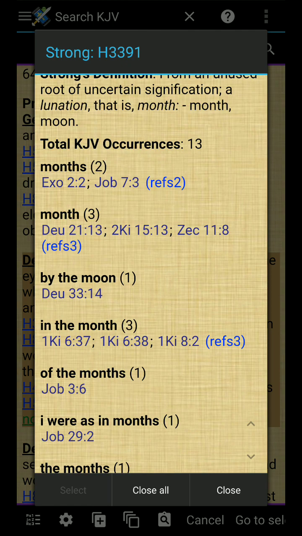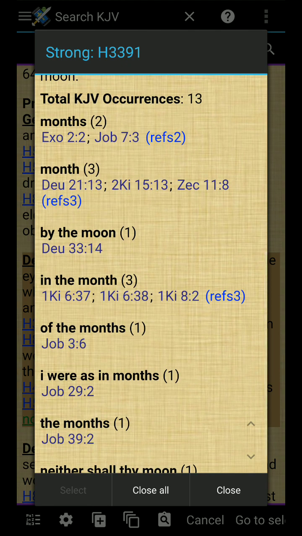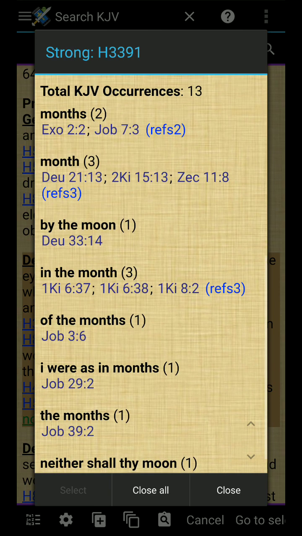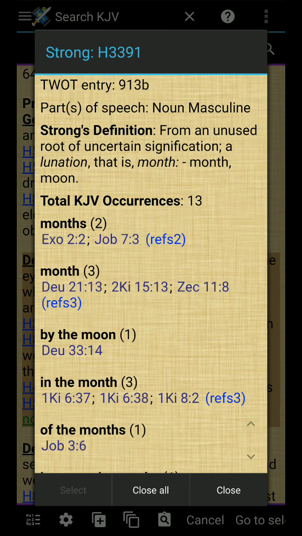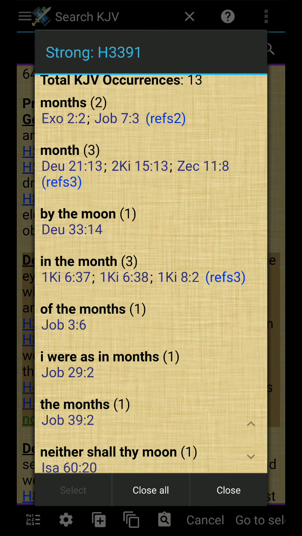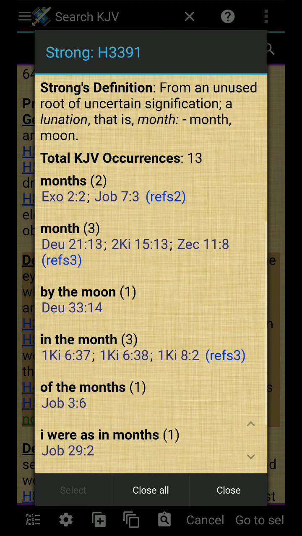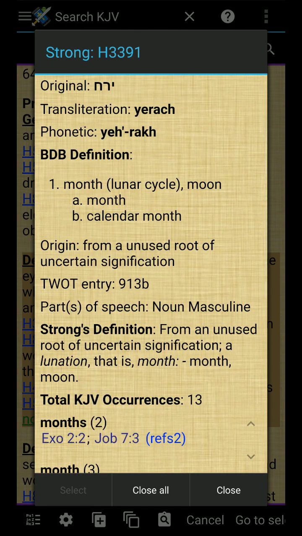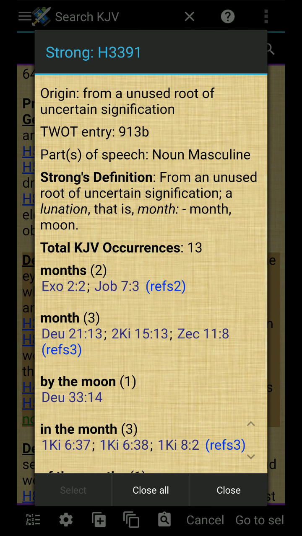But we should be very careful while looking into these places, I think. And in my opinion, this is not enough for us to say that we have these 13 occurrences where the word Yerach, which is almost the same as Yerek, is translated as month, and actually it seems like it speaks about month, not the heavenly body, but the timing.